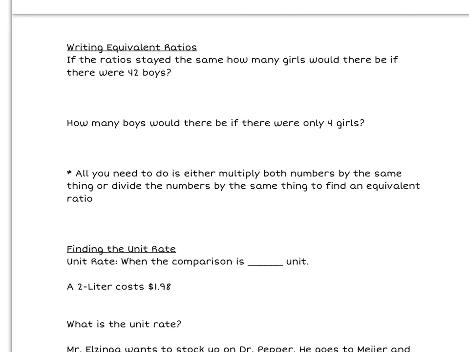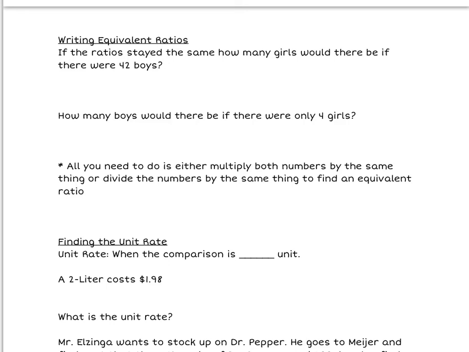Next thing we're going to focus on is equivalent ratios. With equivalent ratios, it's basically saying you have the same comparison of the two. It's very similar to equivalent fractions that we've done in the past. So if we start with our original ratio where we had 21 boys to 12 girls, what would that be if we had 42 boys?